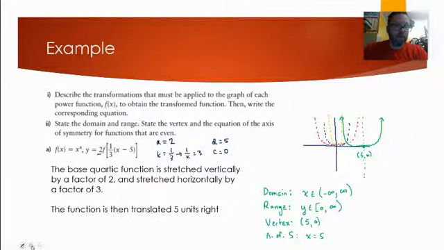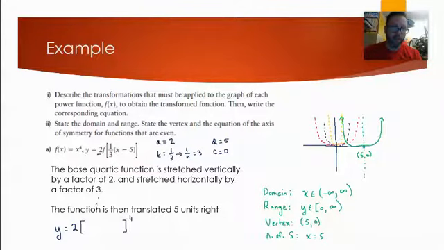Now, the one thing we didn't do is write the corresponding equation. So what would this general transformed function look like if you actually plug that into the base function? Well, it looks like this. We have y equals, the value out front is 2, and our function f of x is x to the power of 4. So I'm just going to put some big square brackets here, to the power of 4.